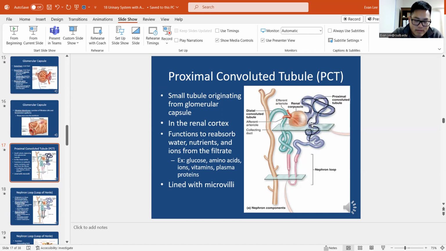To increase surface area for reabsorption, basically. So this is something that you'll see in anything that's helping to absorb large quantities of materials. And in the proximal convoluted tubule, there's a lot that you're trying to recollect because you don't want to lose all that water and all the sugar and all the amino acids that you're hoping to use in the body.